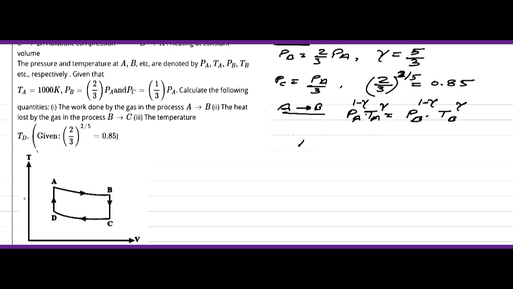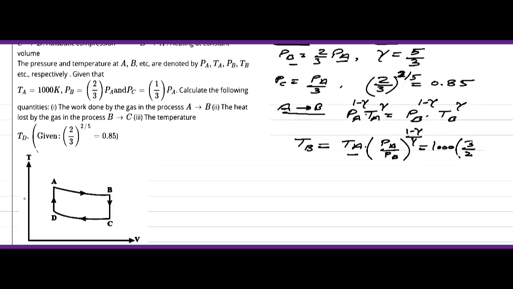After that, we have to calculate the value of TB. How will we calculate it? TB must be written as TA into PA divided by PB, raised to power 1 minus gamma divided by gamma. It is given that TA is 1000 Kelvin, and PA upon PB is equal to 3 by 2.